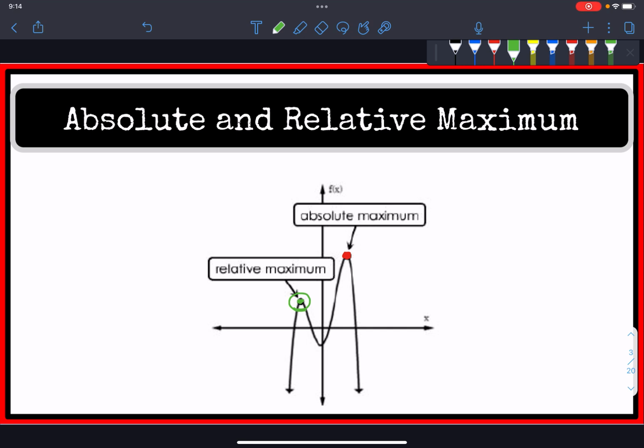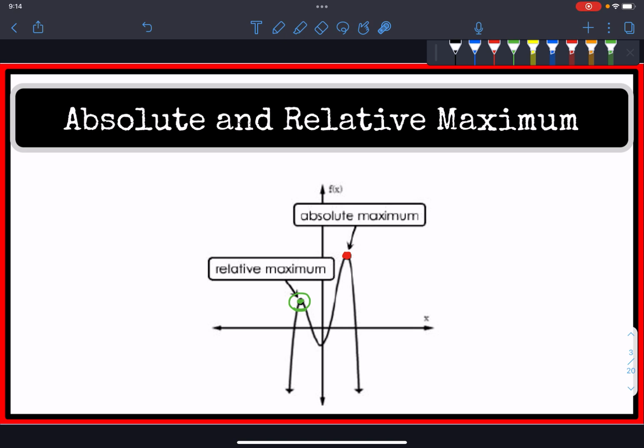But if we expand our search to everyone in the world, I'm sure he will not be the tallest. I'm pretty sure there has to be someone taller than 6'4". So the tallest person in the world would be the absolute tallest person. But when we shrink the sample size and only look in the immediate area of our classroom, he is relatively taller than everyone else. So that's the difference between those two things.